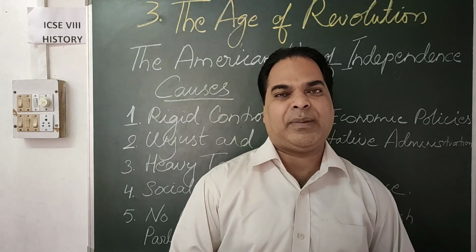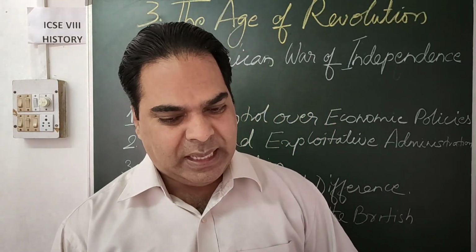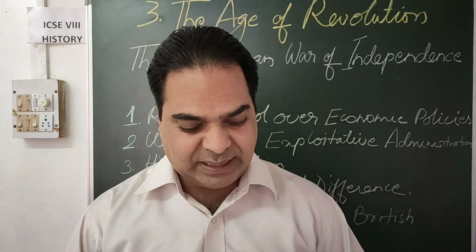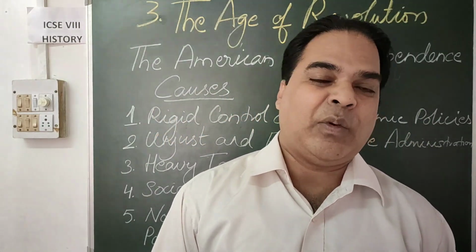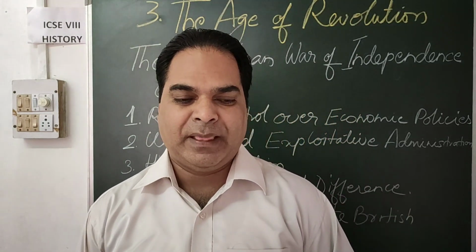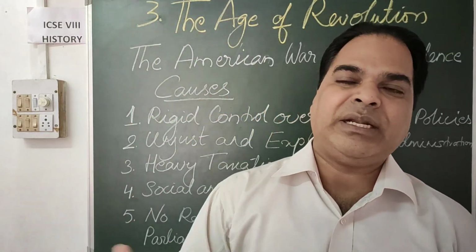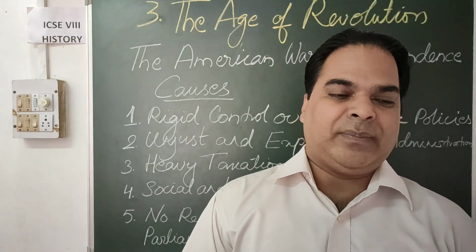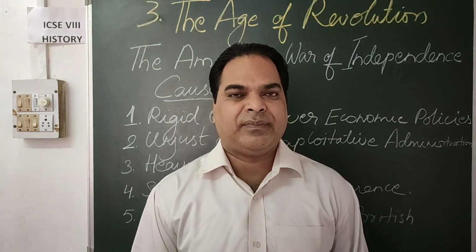That is why these people wanted to free themselves from the dominion of the British government, because they had settled in a new world in search of freedom and a better life.